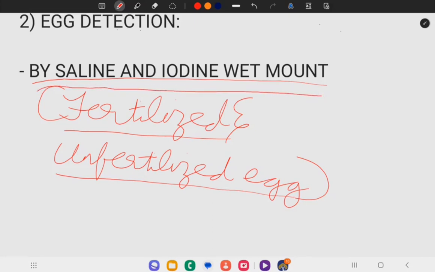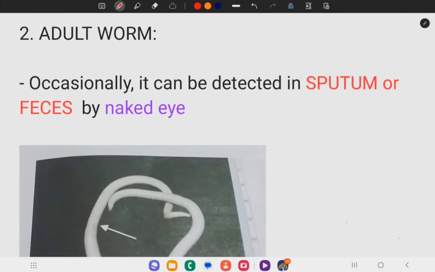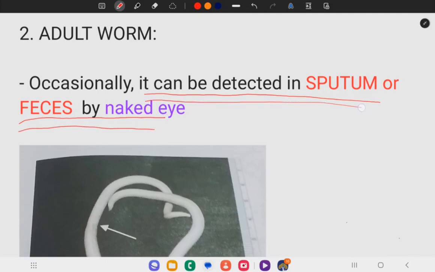I have already discussed the features of fertilized and unfertilized eggs under the morphology of Ascaris lumbricoides. Occasionally, adult worm can be detected in sputum or feces by naked eye.